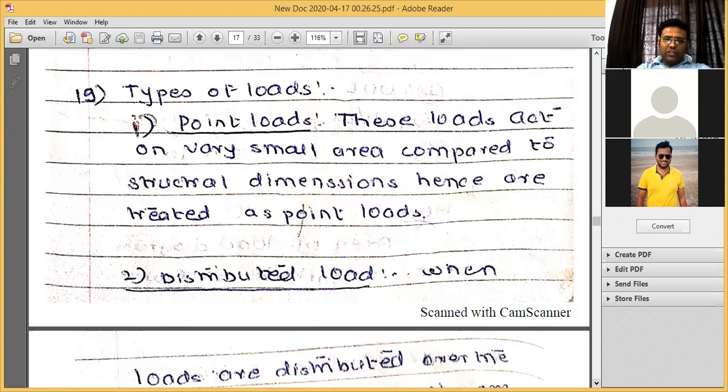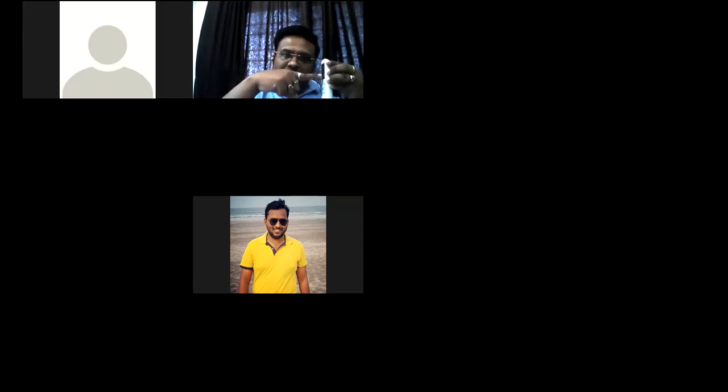These loads act on a very small area as compared to the structural dimensions, hence it is treated as point load. For example, if this is the body, and I am applying the force like this, the force acting by my finger on this remote will act as a point load, right?